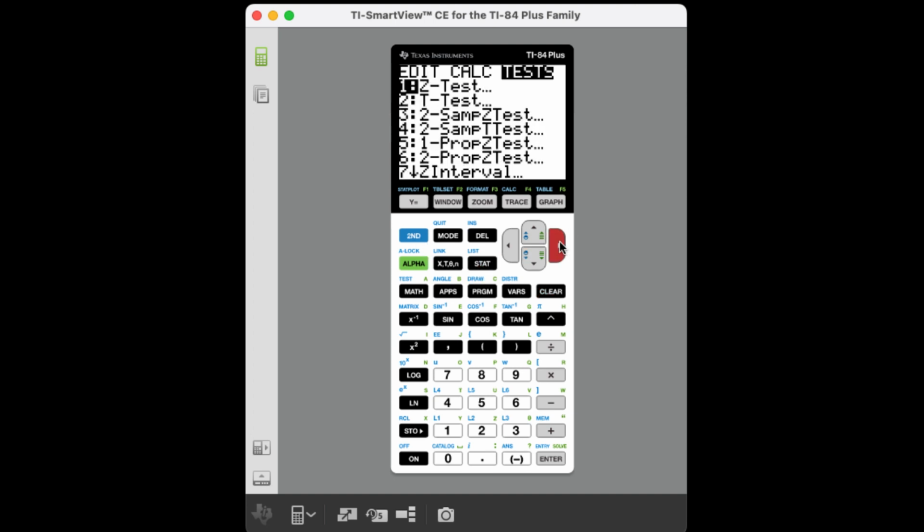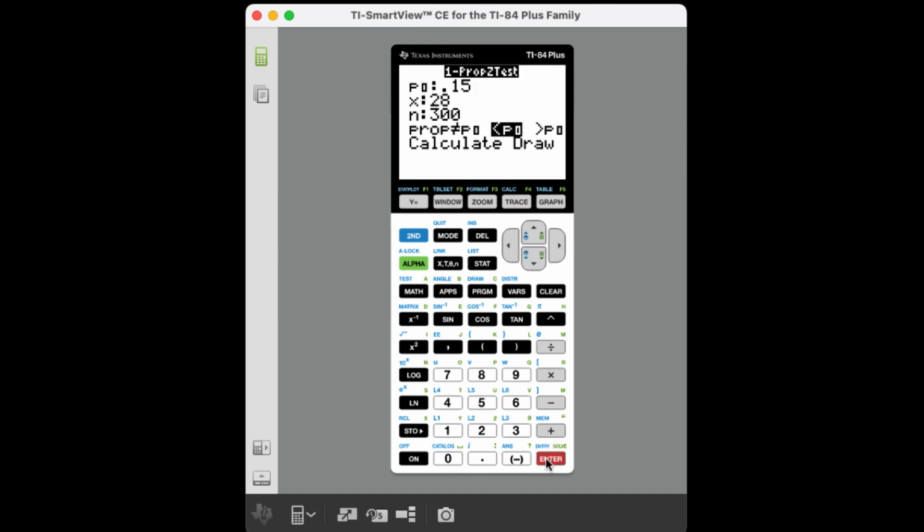Stat, test. 1 proportion Z-test, number 5. Now, what is your P naught? 0.5. What is X? 108. What's the sample size? 250. Is this a two-tailed test? Hit not equal, and then hit calculate.